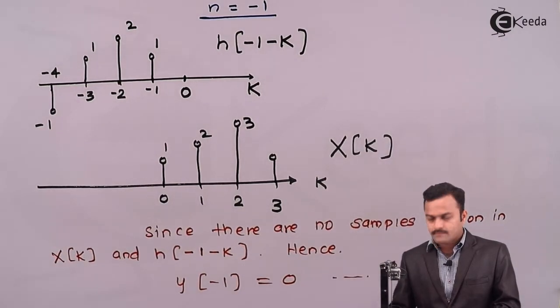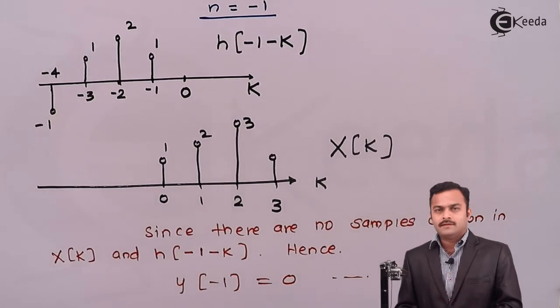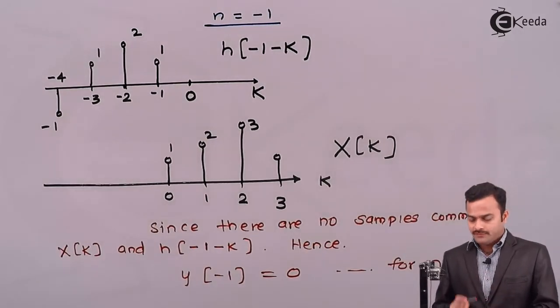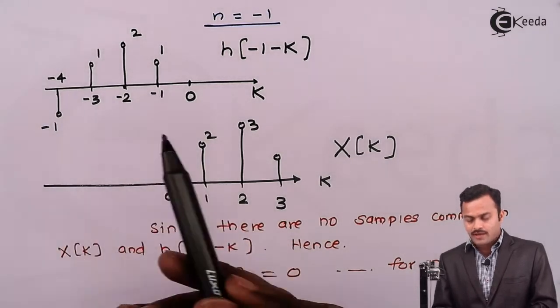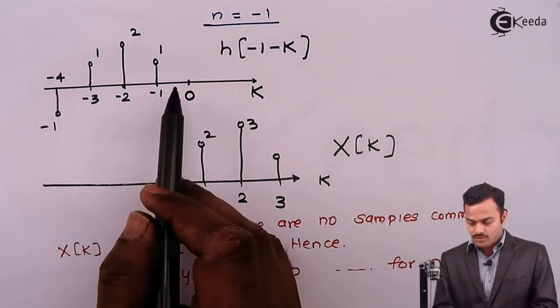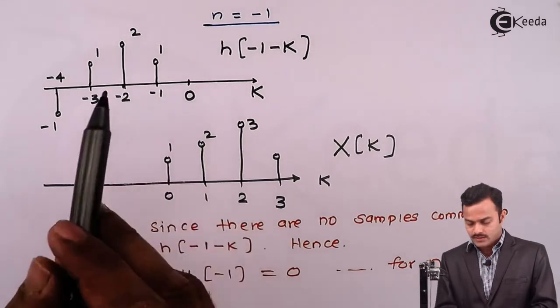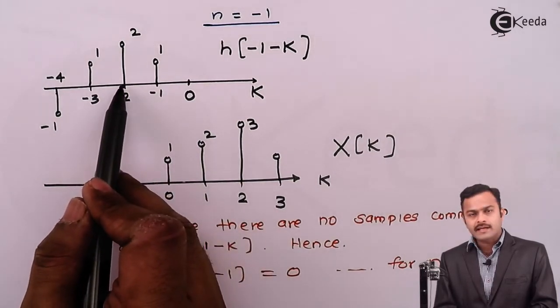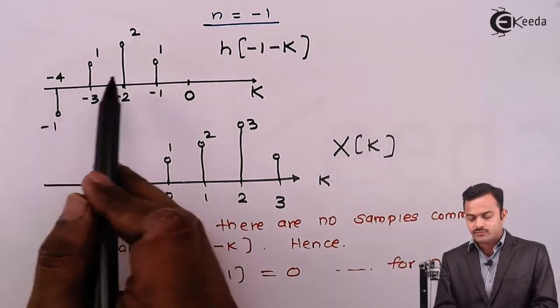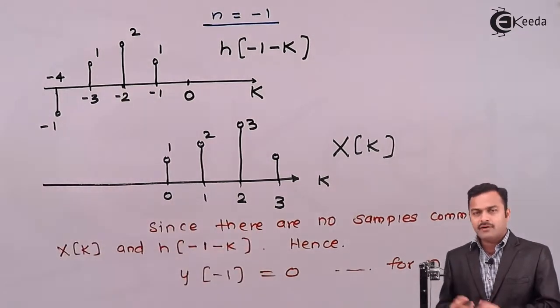Now the same thing will happen for n equal to minus 2, n equal to minus 3, because I am not getting any samples common right from n equal to minus 1. So for n equal to minus 2, minus 3, minus 4, and so on, it will never have samples common between them.